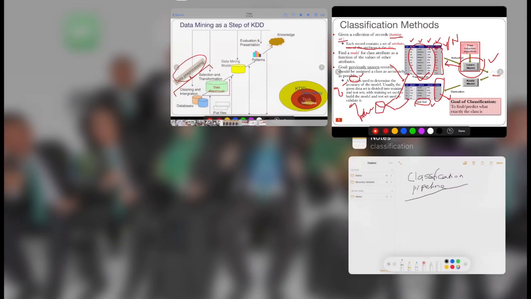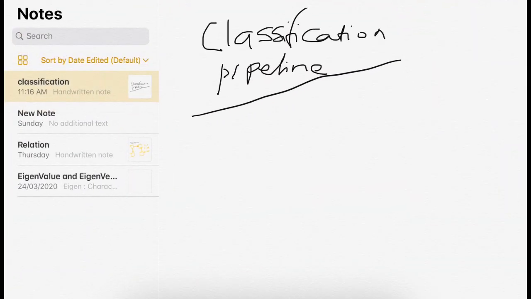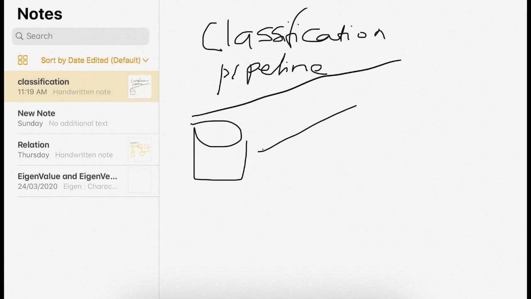Now, let me draw the real pipeline of classification methods. So you have data. Imagine this is the data. The data will be divided into two sets. Number one is the training data, and the second one is the testing data.